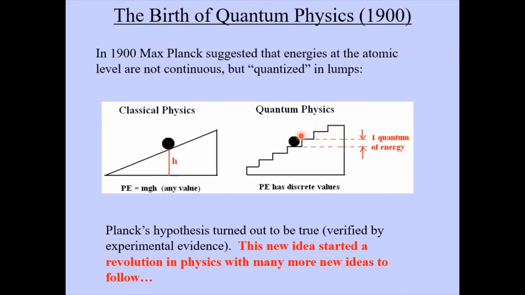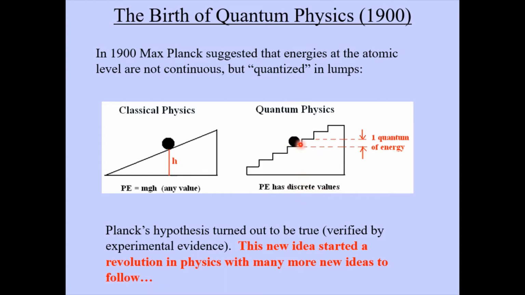And just like a regular stair step, we can't be in between two steps. We're either on this step or this step, etc. So the potential energy in this case has discrete values. In other words, it's not a continuous spectrum of energies anymore.